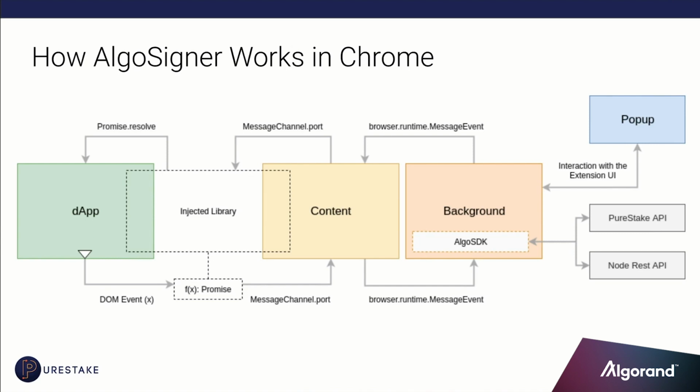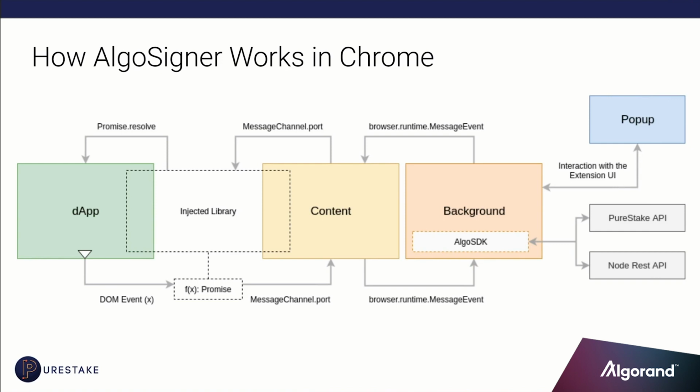Then between the content and the injected library, there's a connection too, and that's a message channel port. And then the DApp can use the methods exposed by the injected library, and those are promises. So it's all a three-layer communication pipe between each thing that the DApp wants to do.